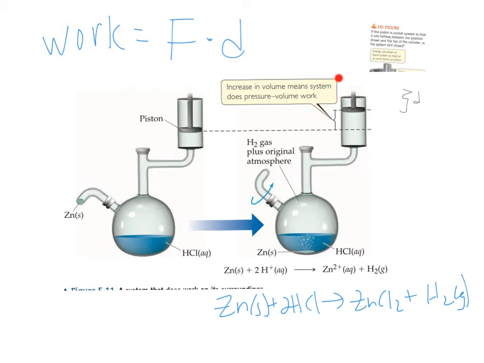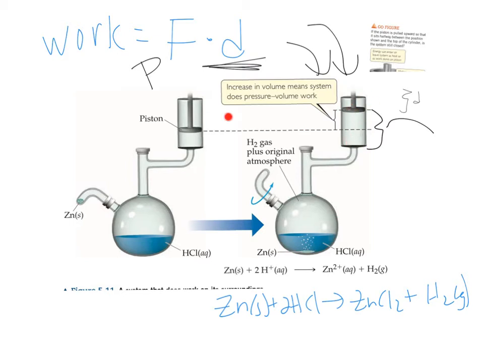So you can assume that the whole thing is under atmospheric pressure, because we have atmospheric pressure that's pressing down. Air outside is pressing down on this piston. But there is a change in volume. That's our distance. Our force is our pressure, but our distance is going to end up being the change in volume, because the area stays the same.